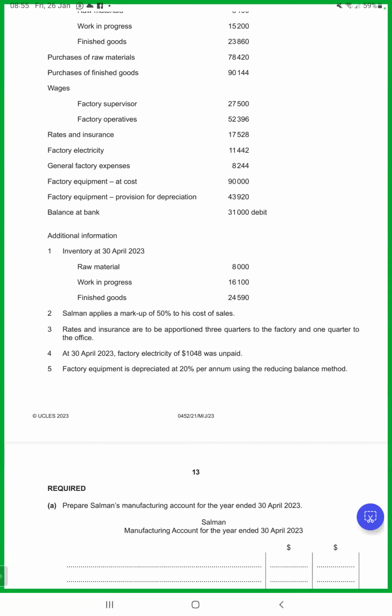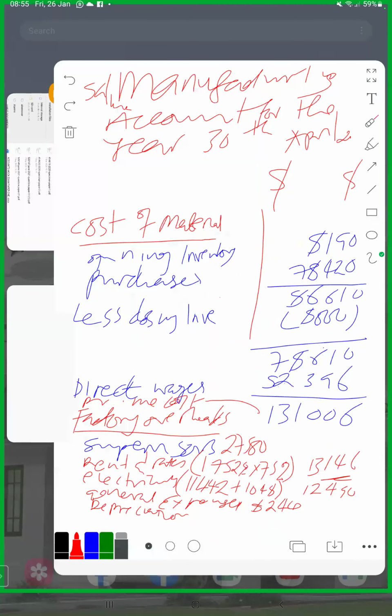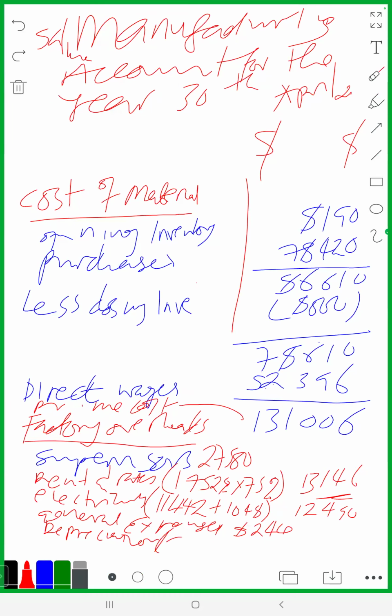So you can say 90,000 minus 43,920, everything times 20%. What you find is 9,216. All these figures are in the first column.